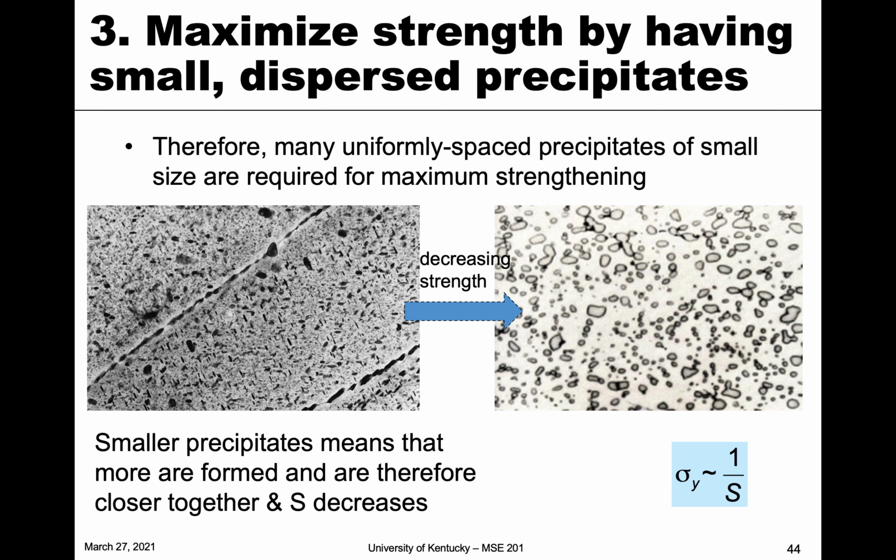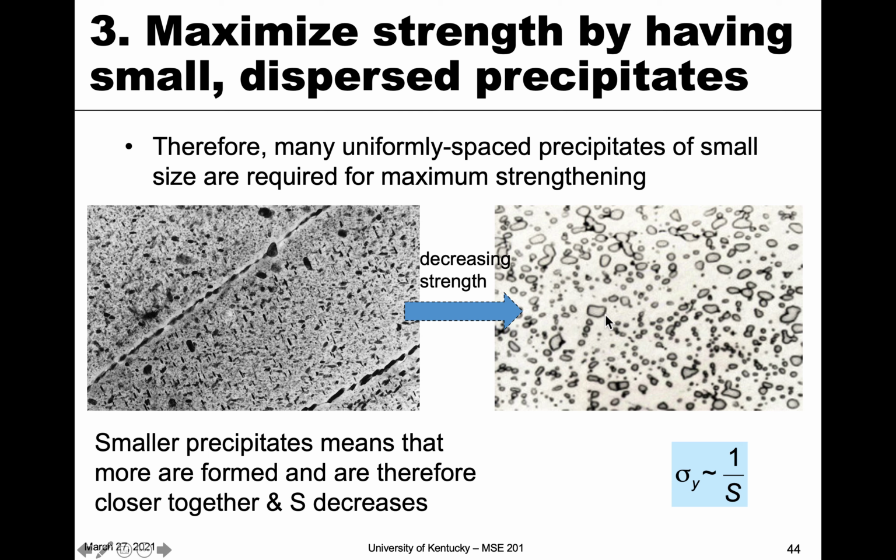We can get a maximum strength by having very small, well dispersed precipitates, so that the spacing is really small and uniform. Here, these are very small particles, and there are a lot of them, so we'd have to shear a lot of them or move around them, and that requires more stress.